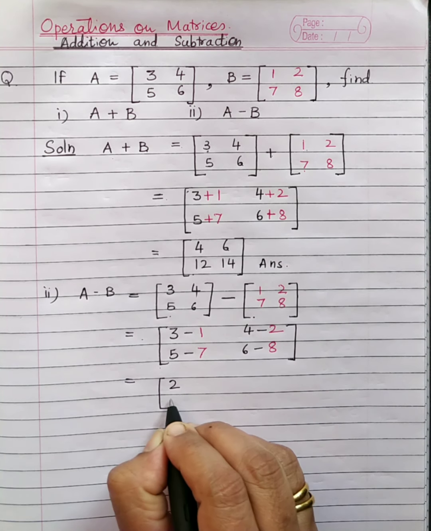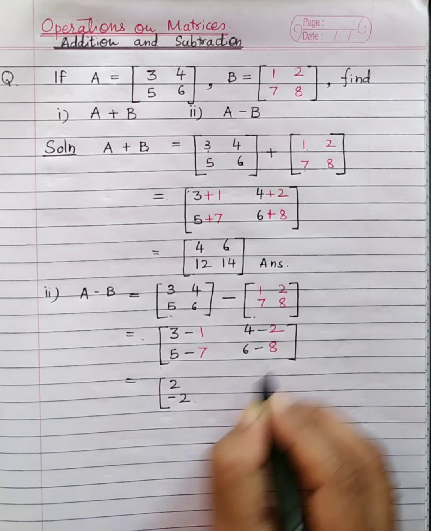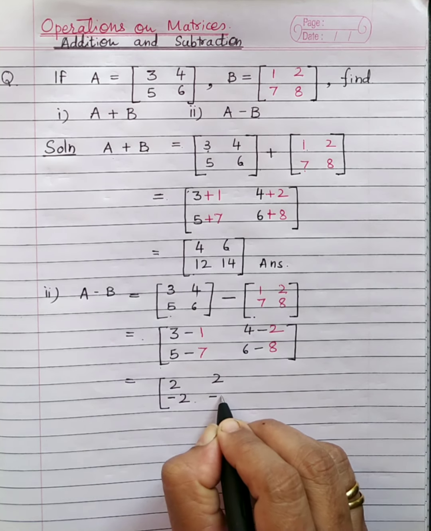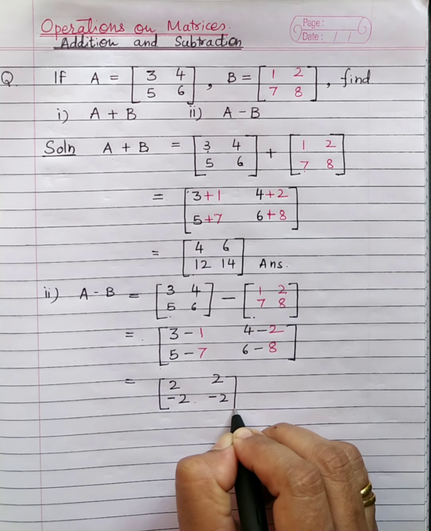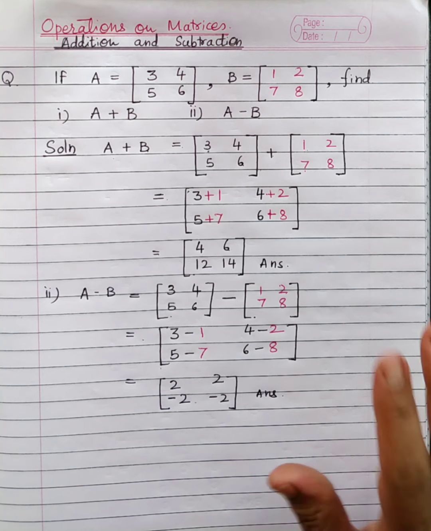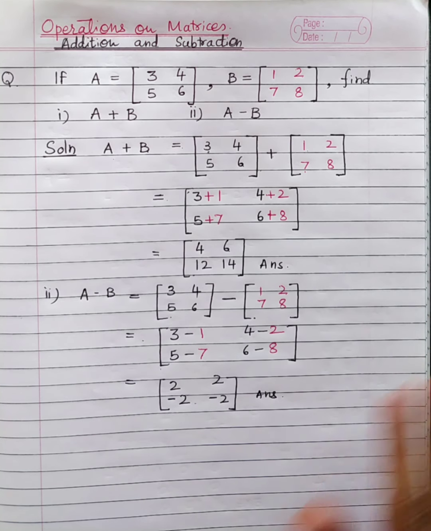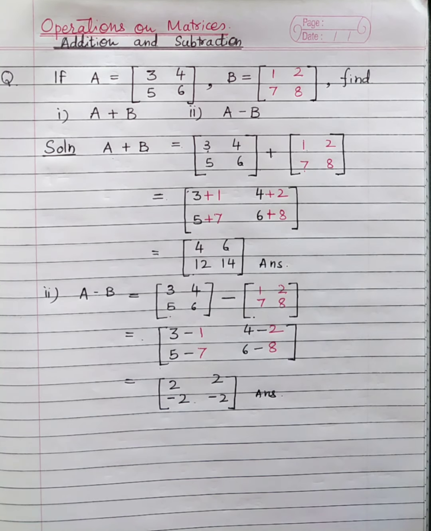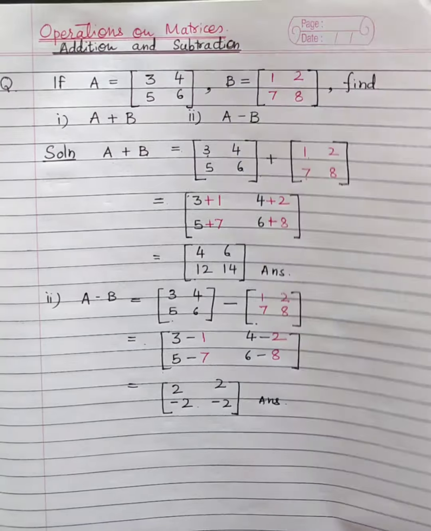Now 5 minus 7 will be, don't forget the sign, minus 2. 4 minus 2 is 2. 6 minus 8 is again what? Minus 2. I hope the operation of addition and subtraction on matrices is very simple and clear to all of you. Let's see the next question.